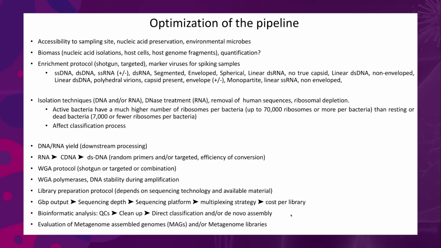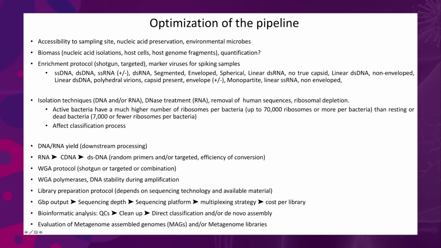So things are getting better and getting cheaper. But as David has shown you, the value for the cost, when you compare it with the amount of information we get, is really comparable to 16S-based sequencing or other marker gene-based metagenomic approaches.